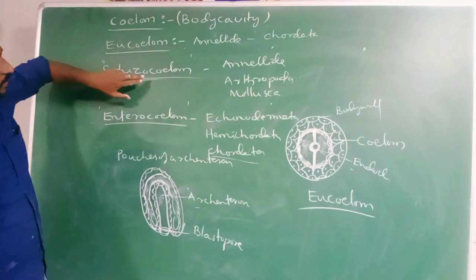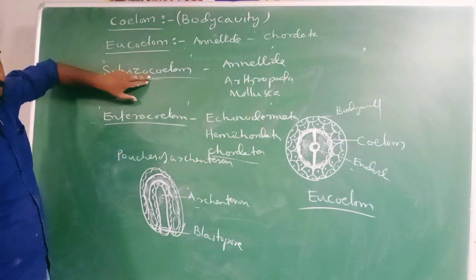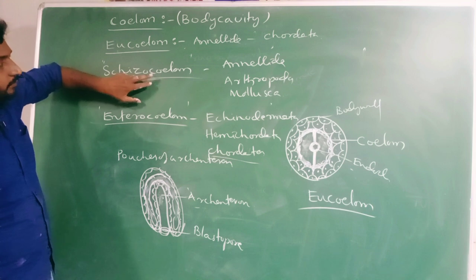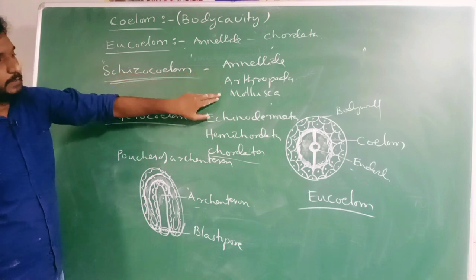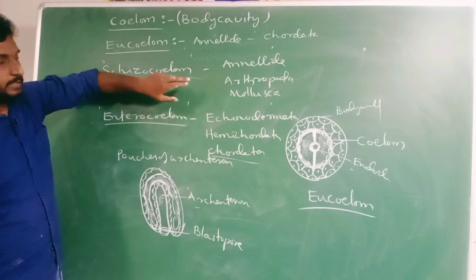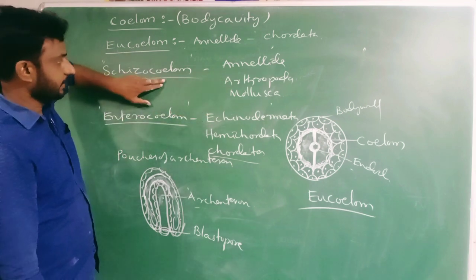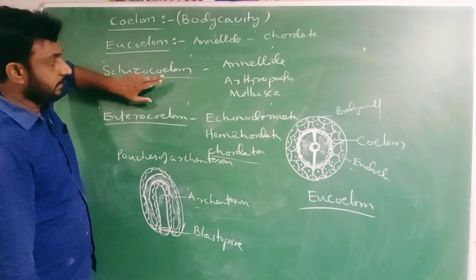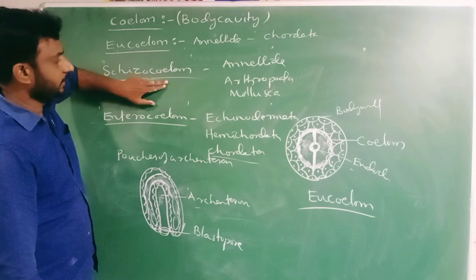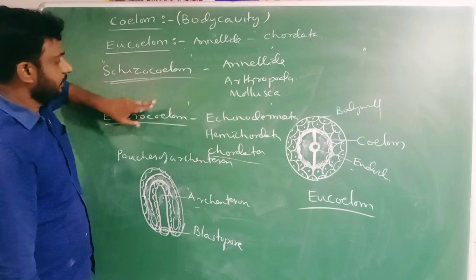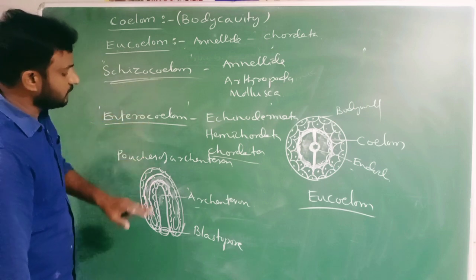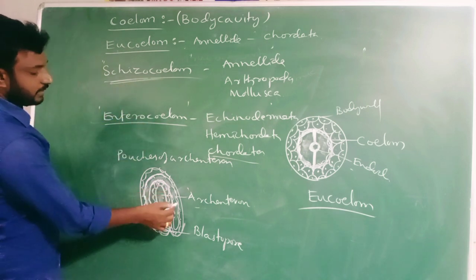Schizocoelom is the coelom formed by the splitting of mesoderm, which is formed from the 4D blastomere cells. Examples: Annelida, Arthropoda, Mollusca. Enterocoelom is the coelom formed from the pouches of archenteron.